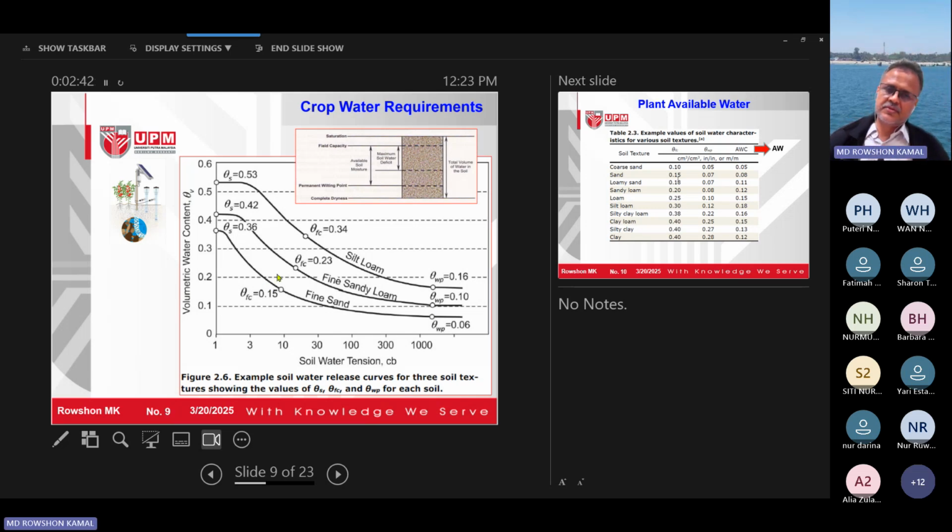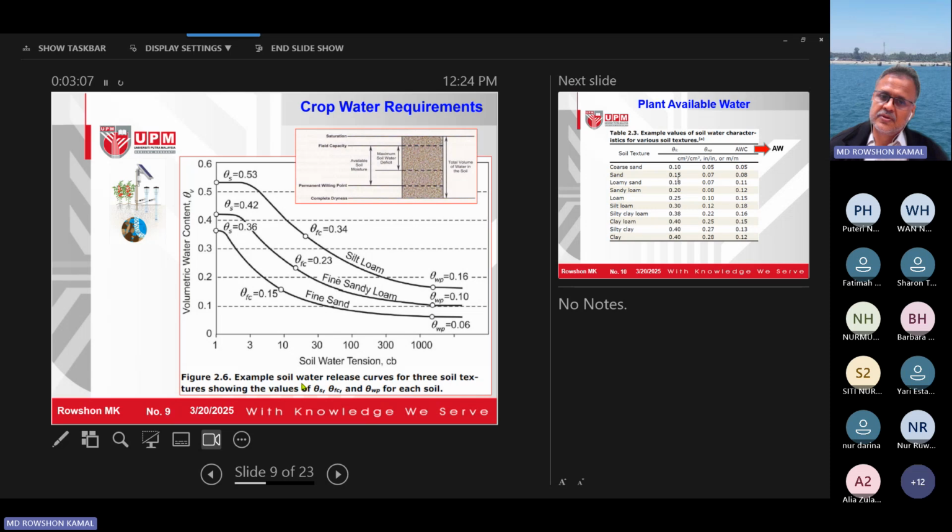Then you can prepare this graph. I think you have studied soil water tension in soil engineering. You have used the tensiometer, or otherwise called a Newton meter, to determine tension, soil pressure, stress. When you plot soil tension and moisture content together, you find this graph.